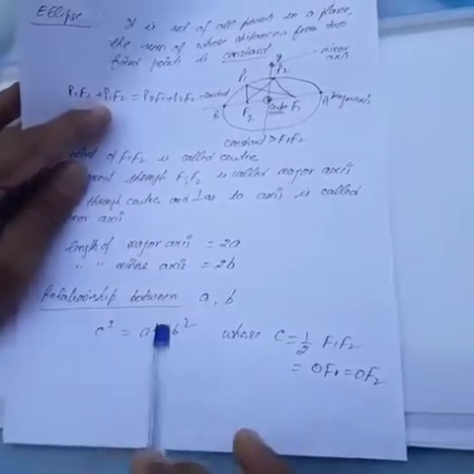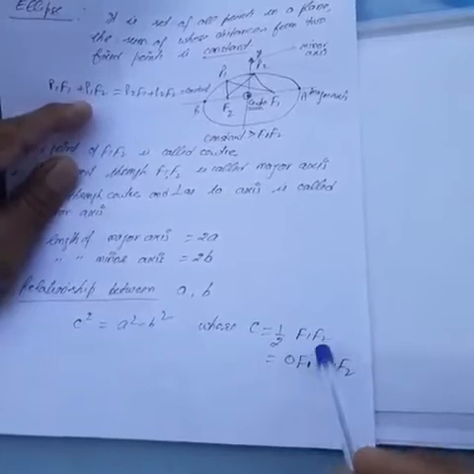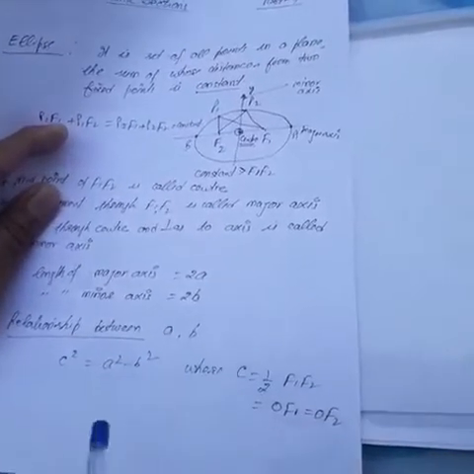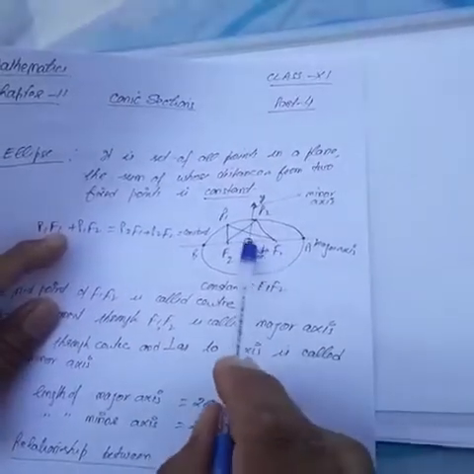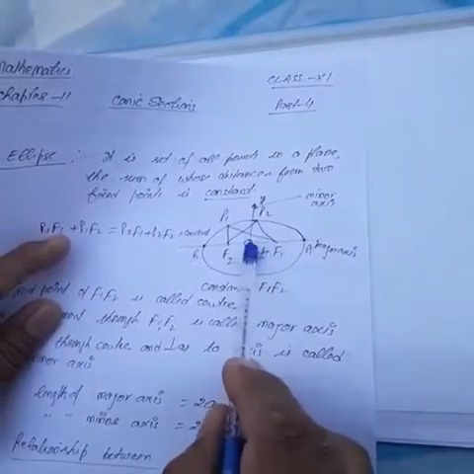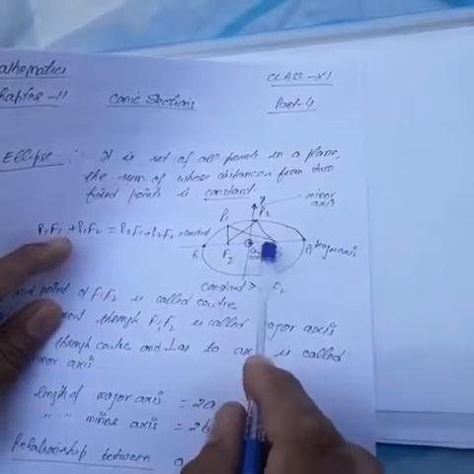And what is c? c is half of F1F2. It means the distance OF1 is equal to OF2, which is equal to c.